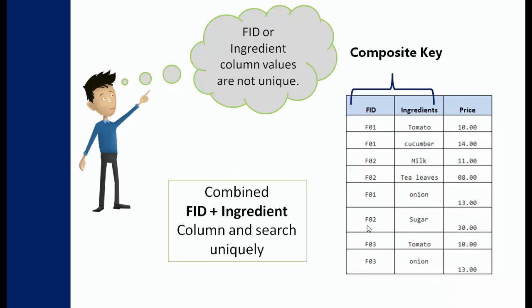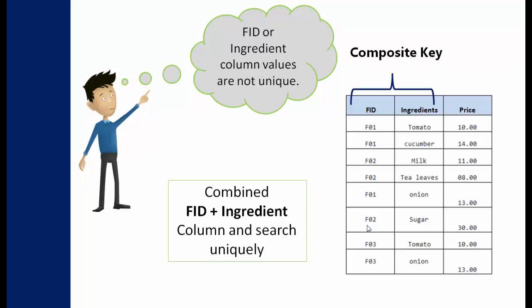Consider this table. If we individually see FID or ingredient column values, they are repeating. If you can see, cucumber and tomato values are repeated. FID value F01 is repeated multiple times. So if you try to search using F01, it will give you multiple records. Same in the case of ingredients.